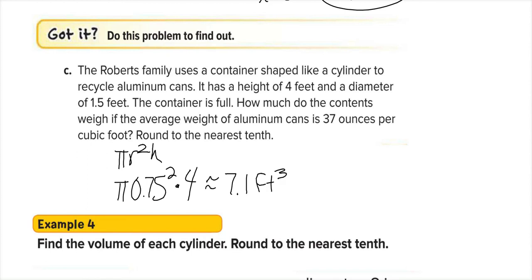Okay, now we're going to times that by 37. So 7.1 times 37, and it looks like it's 262.7. And that's going to be, what will be in ounces again? Yeah, ounces. Okay?